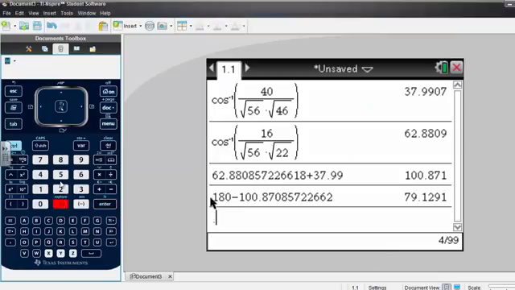So we'll say 0.5 times root 22. What was it? I forgot.